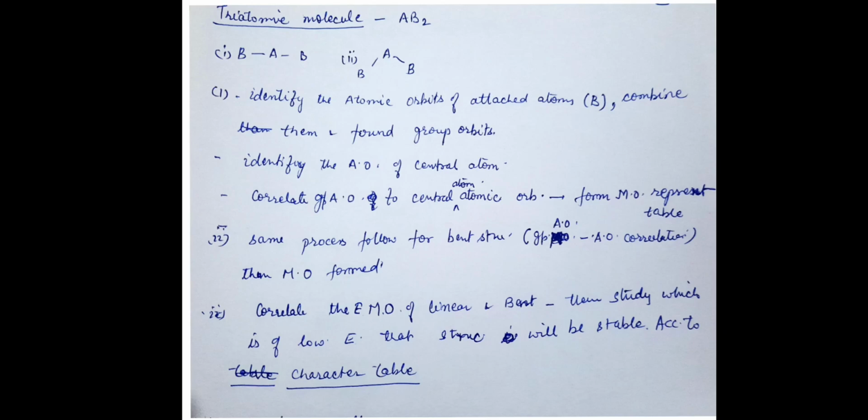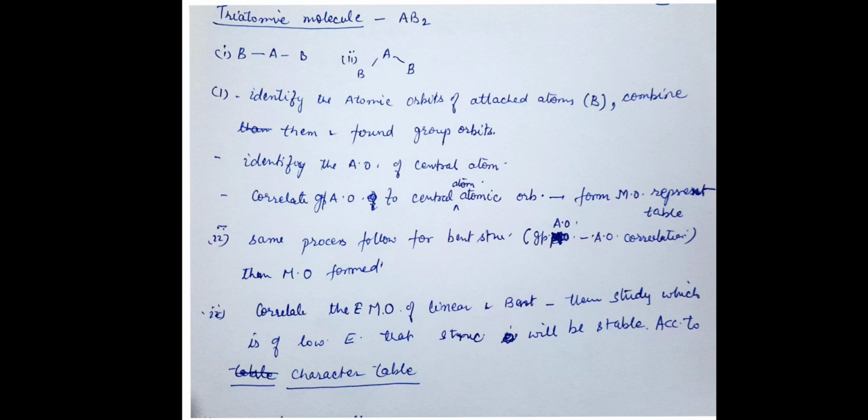Now this is a triatomic molecule of AB2 type. The geometry and shape are of 2 types: linear, BAB, and bent. First is linear, second is bent. Identify the atomic orbitals of the attached atom B, combine them and form group orbitals.